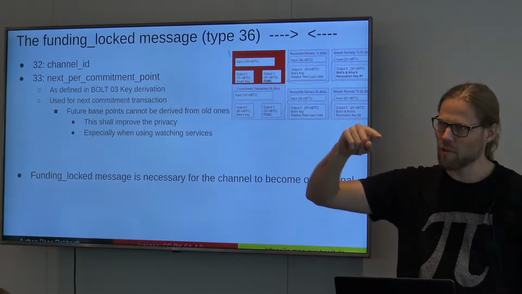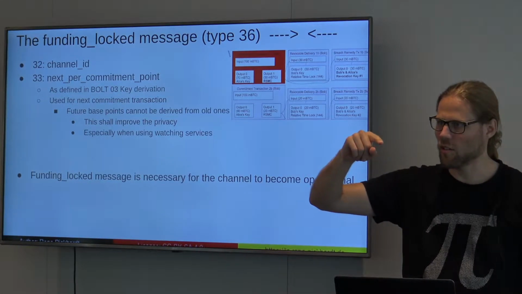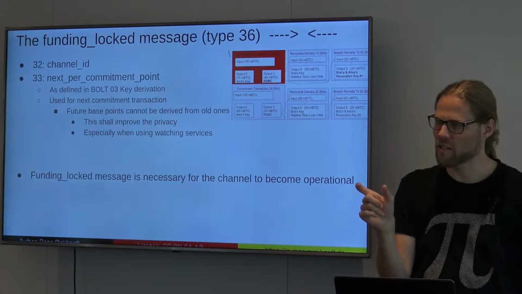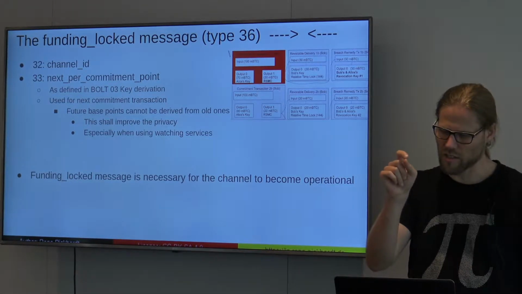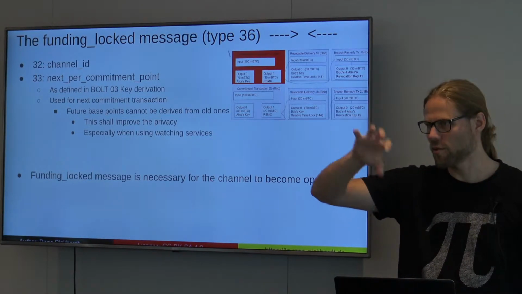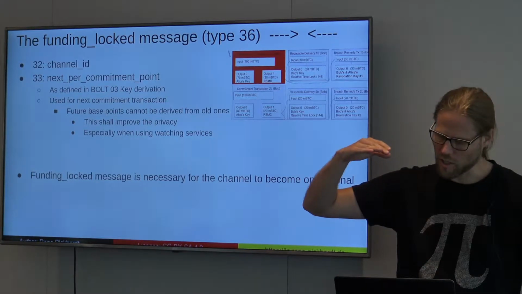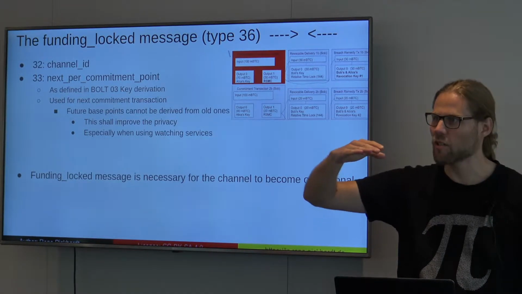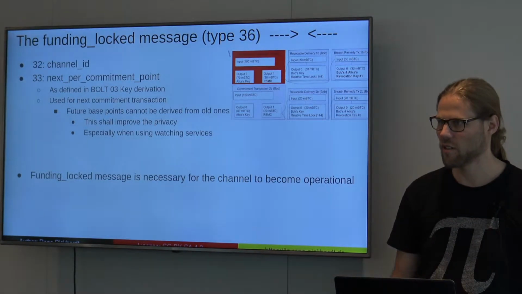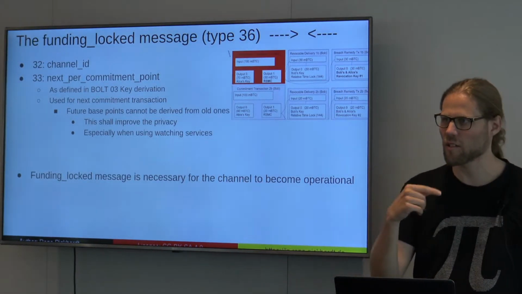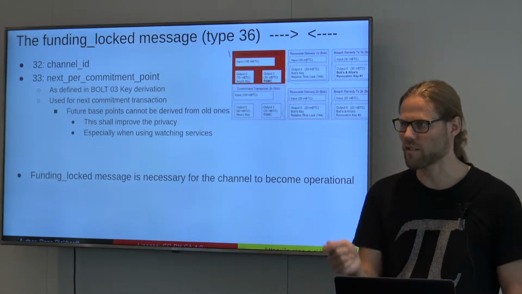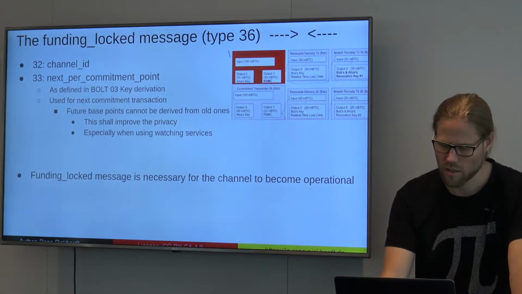And the base points for these commitment transactions are all derived via an HD wallet, basically. But it's also used in the sense of a shachain. So you do reverse order, which means that when you know a commitment point, you can from there derive all the old ones, but you cannot derive the future ones. Which is nice because then you don't have to store the old ones in case you need them anymore, because you need to revoke a transaction or something. Yeah.